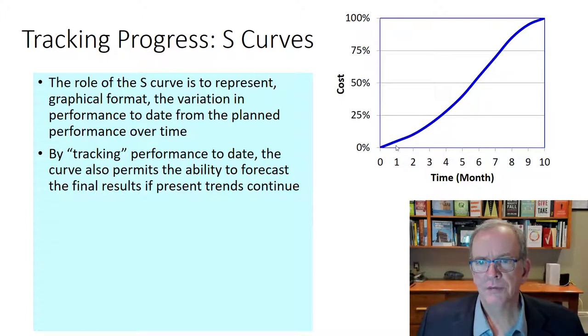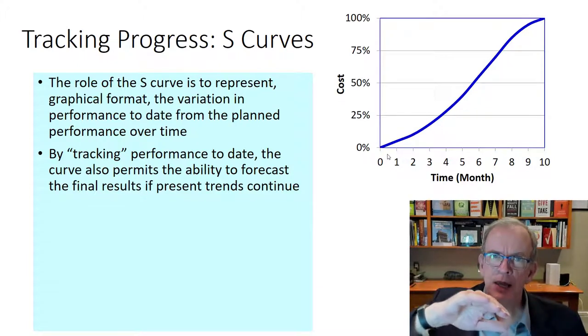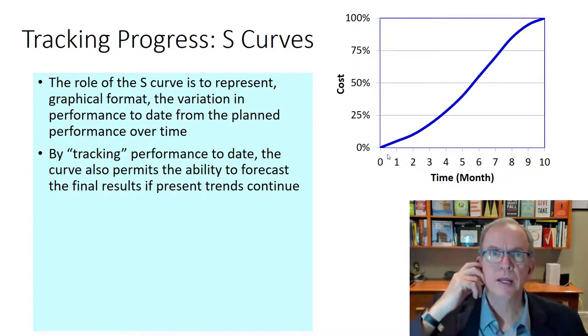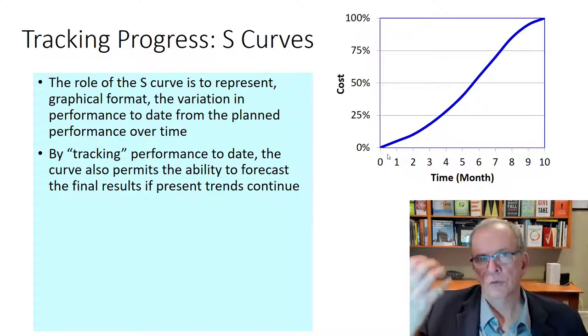We'll look at this a little further in the course too. The S-curve usually starts off fairly slow as you're mobilizing. Then as you get into the project, there's more of a steady state of cash flow being spent. Towards the end, it tends to taper off because you're drawing to the end.